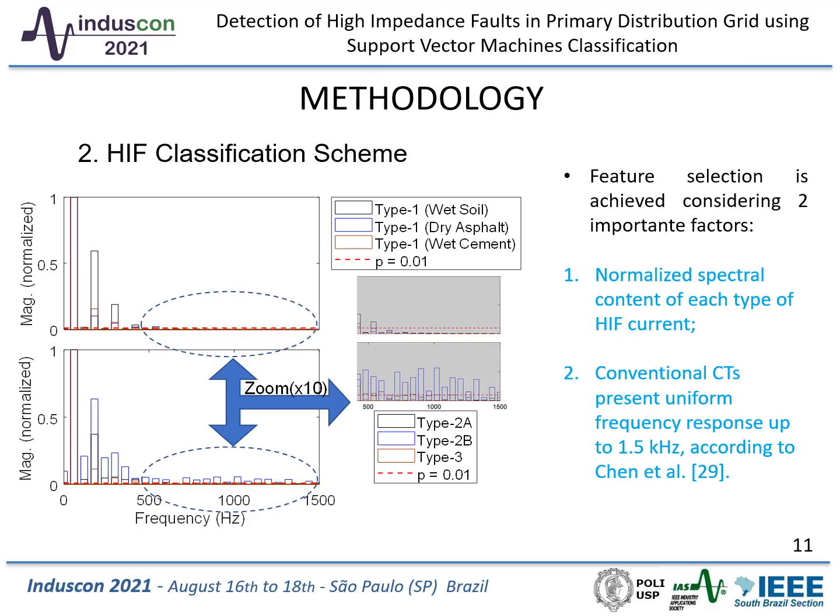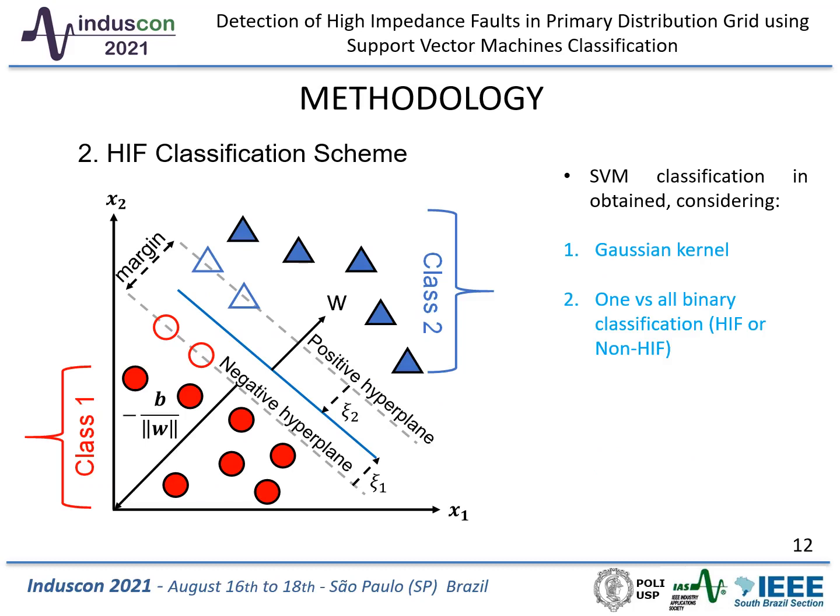Type 1 faults tend to feature more restricted harmonic content, whereas type 2 and 3 exhibit significant harmonic content even after 540 Hz. The main SVM objective is obtaining the finest separating hyperplane by enhancing the margin between this hyperplane and the overall feature selection output data.